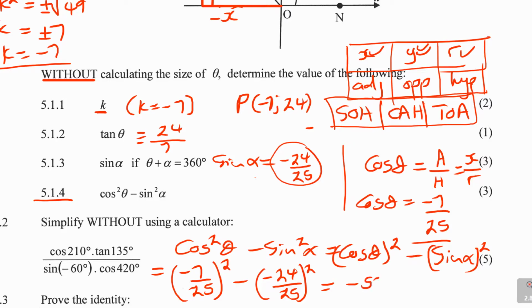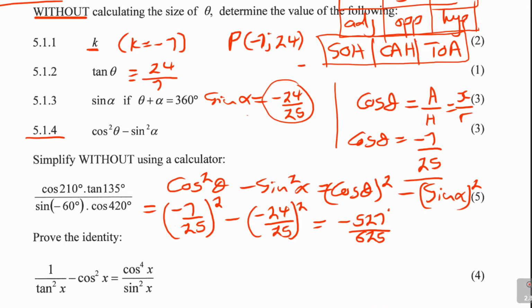Negative 527 over 625. This becomes the final answer to this question. Are you with me? So that's how this question goes.